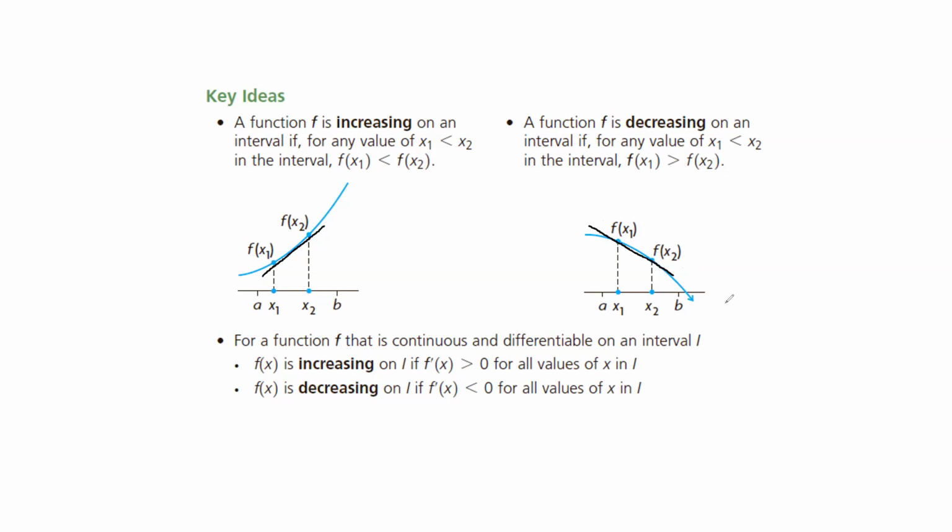Well, if the slope is negative, you would know it's a decreasing function, where the interval is x1 is greater than x2. But if it's positive, then you know the function is increasing, because the interval would be x1 is less than x2.